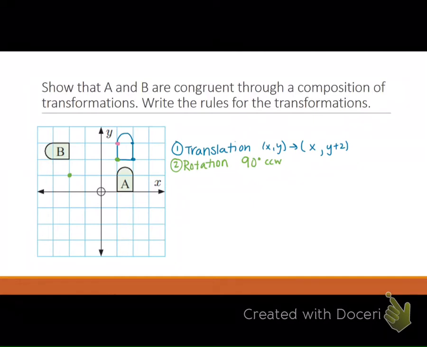Up 1, left or right 3? Left 3. Okay, this point here is up 2 over 2, so that stays 2 over 2. And this point here is up 3 over 2, so that would be 2 over 3.